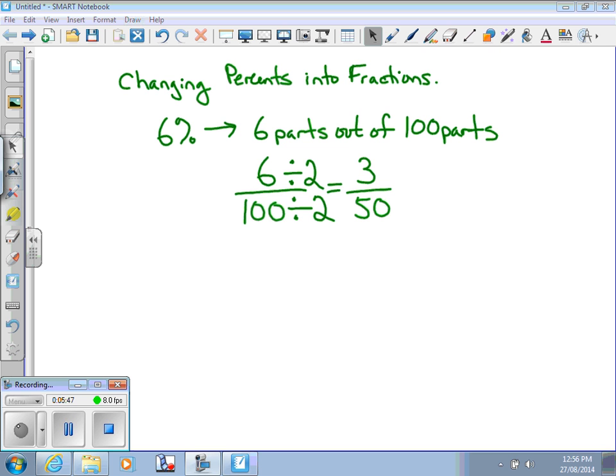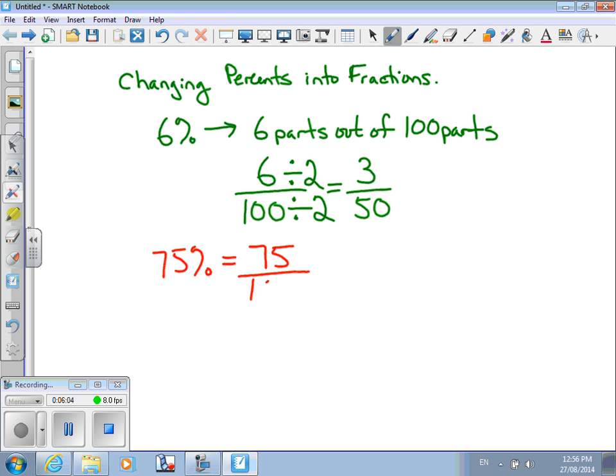Let's try one more. We'll do 75%. By definition, 75% means 75 parts out of 100 parts.